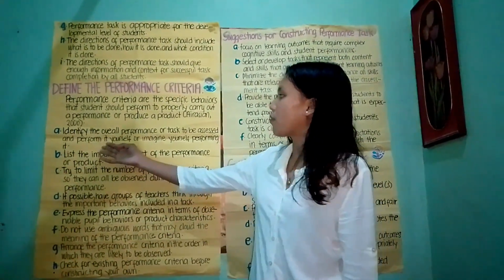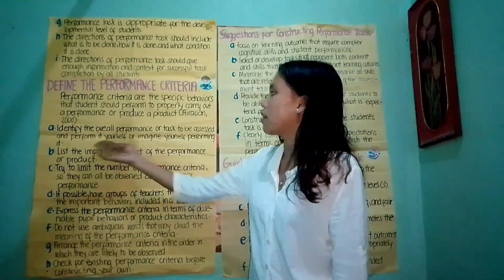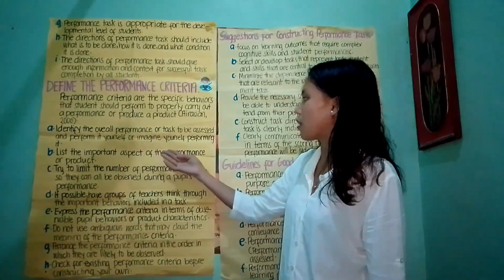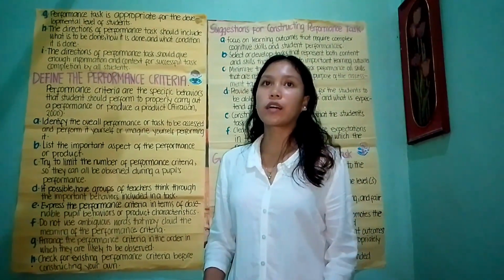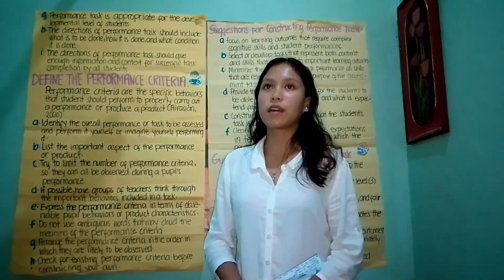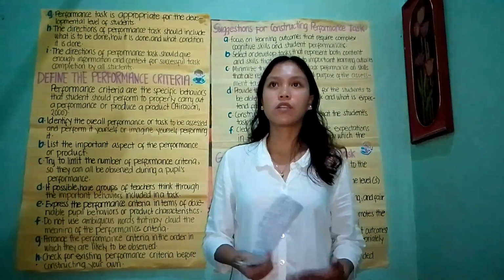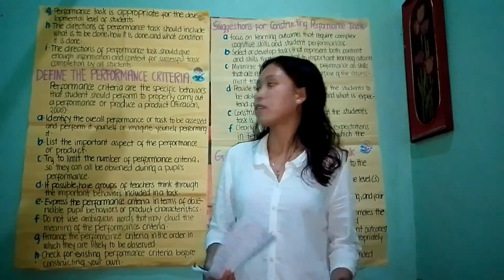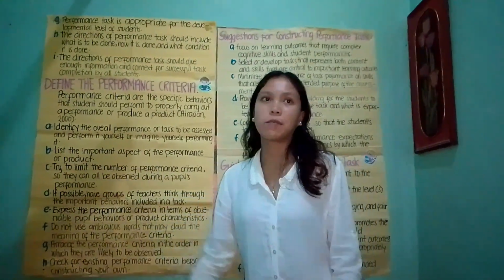Letter A is identify the overall performance or task to be assessed and perform it yourself or imagine yourself performing it. So, understand the activity you're assessing by doing it yourself or imagining it. Plus the important aspect of the performance or product.